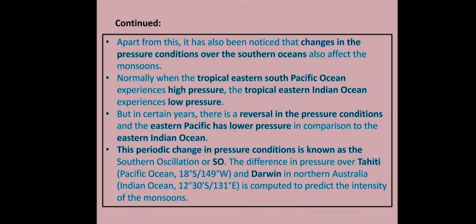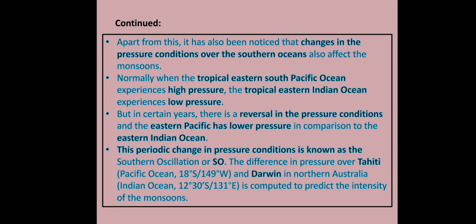Apart from this, it has also been noticed that changes in the pressure conditions over the southern oceans also affect the monsoons. Let us see how it happens. Normally, when the tropical eastern South Pacific Ocean experiences high pressure, the tropical eastern Indian Ocean experiences low pressure.